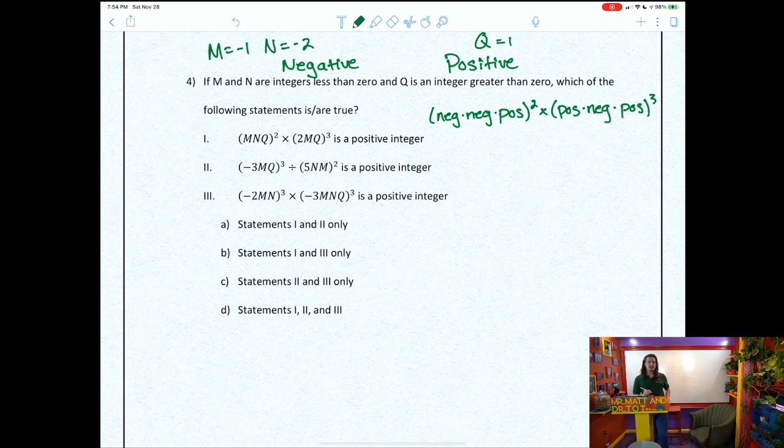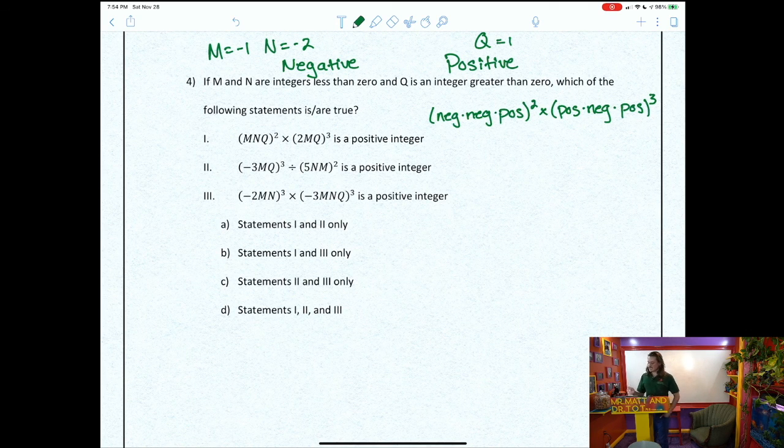Now you need to recognize that raising a negative number to an odd power is going to retain the negativity. If you raise a negative number to an even power, any even power, it's going to remove the negativity. But odd powers will retain the negativity. That can be tricky sometimes. You have to watch that.